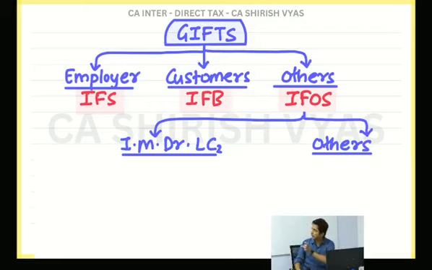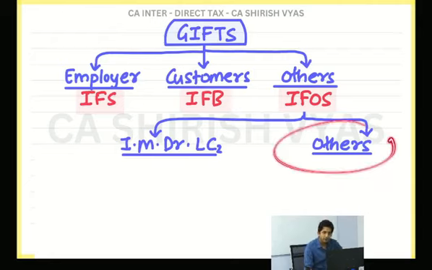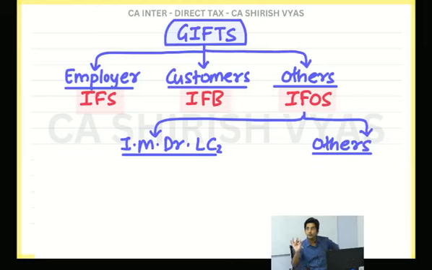So an I am Dr. LC gift will be totally exempt. But if the gift does not fit in I am Dr. LC, then up to 50,000 it is exempt. Above 50,000, fully taxable. Fully. Means if it is 51,000, the entire 51,000 will be taxable.